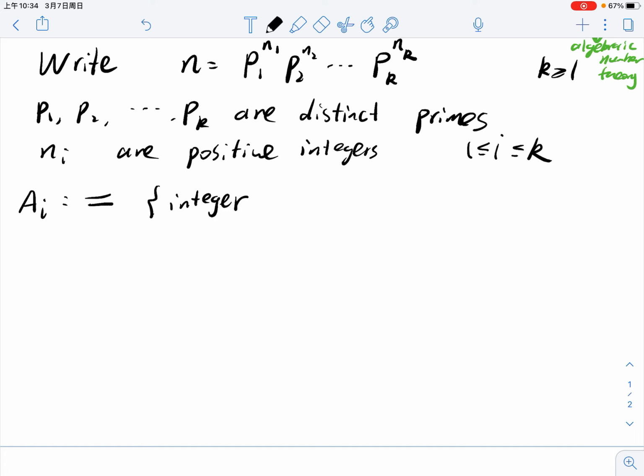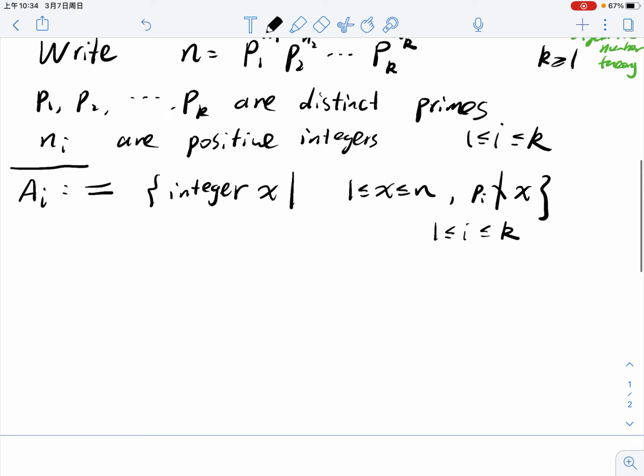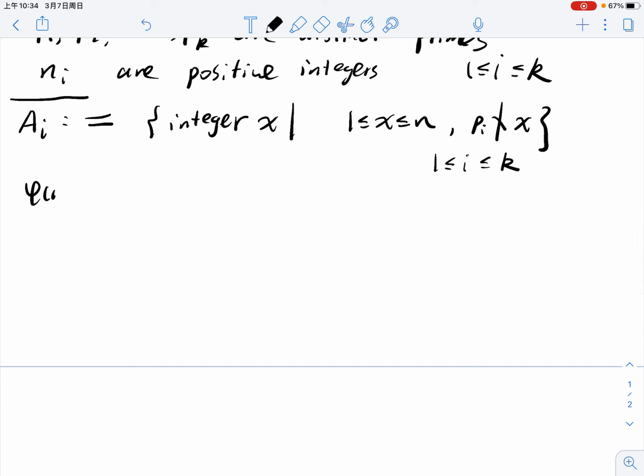It contains all the integers x such that x is between 1 and n, in other words, inside the ambient set, and pi is not a factor of x. Similarly, you can do this for all i between 1 and k.